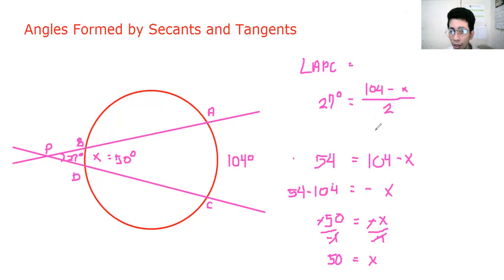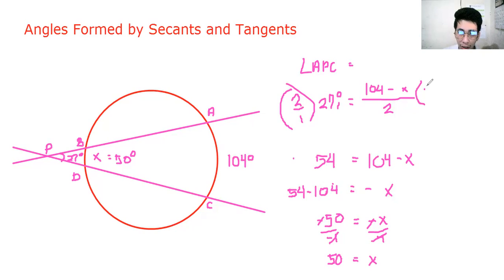Or di kaya, pwede naman yung principle of reciprocal. Kapag divide, ililipat sa kabilang side, reciprocal of 2 is 2 over 1. So, times natin yung 2 over 1 kay 27. 54 ang lalabas, diba? 2 times 27, 54 divided by 1, 54.